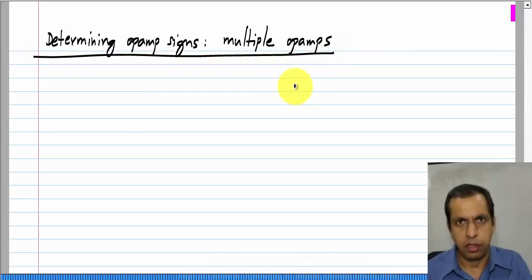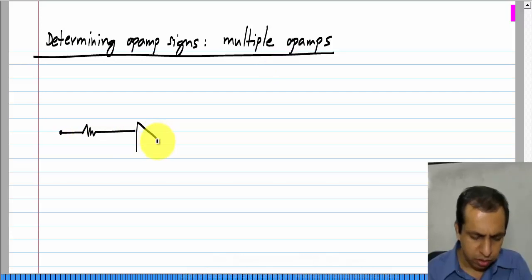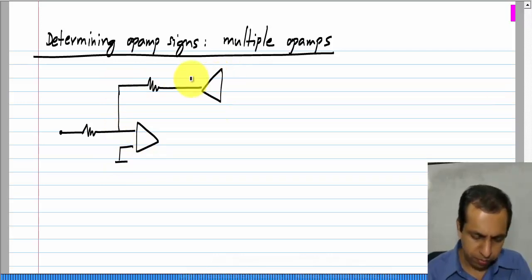And let me take some circuit. I will not worry about what the circuit is, and that you can determine for yourself from circuit analysis, but let me have a circuit of this type.